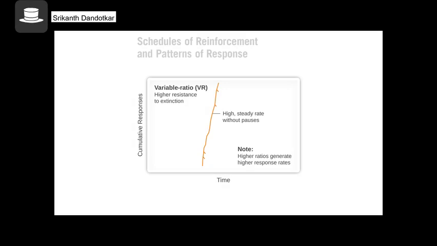A variable ratio schedule entails reinforcing a desired response following a variable number of non-reinforced responses. Variable ratio schedules, like fixed ratio schedules, tend to produce a rapid response rate.